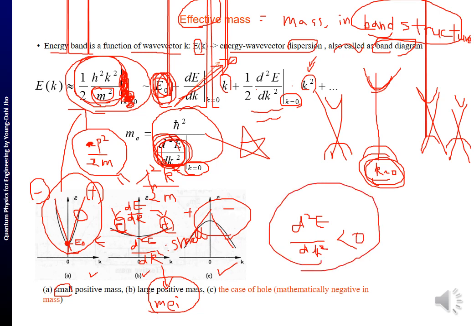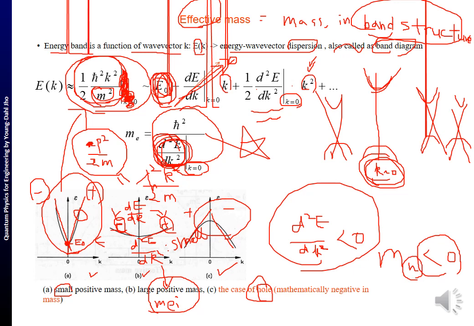So actually this is considered to be a hole. In this definition, the mass of a hole is negative. It is just a mathematical definition, but mass cannot be negative, so if it becomes negative, we just recognize it as a hole.